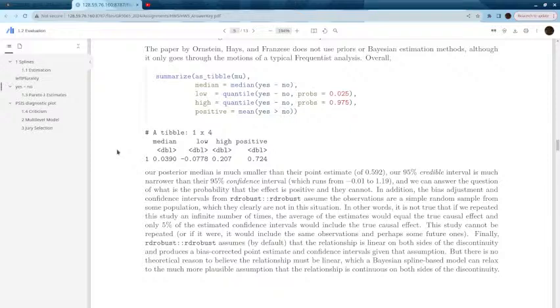So the misinterpretation of a confidence interval is the correct interpretation of a credible interval if you actually do the Bayesian analysis. Moreover, we can compute the probability that the causal effect is positive, which we get as 0.724, and that's reasonably important, reasonably useful.